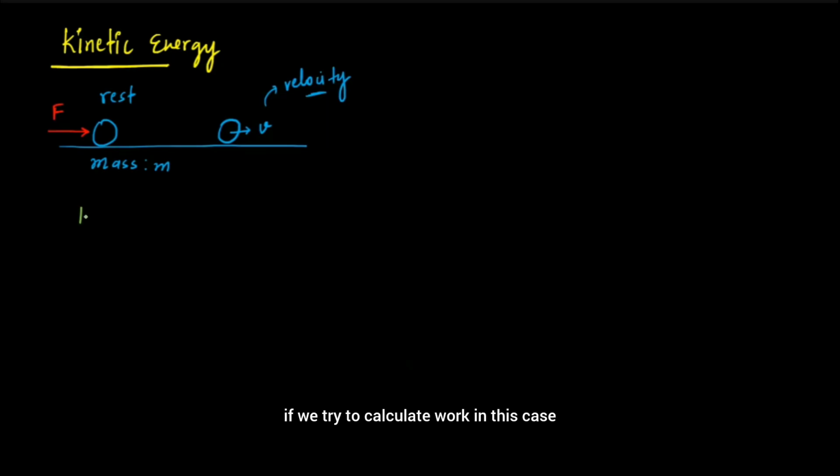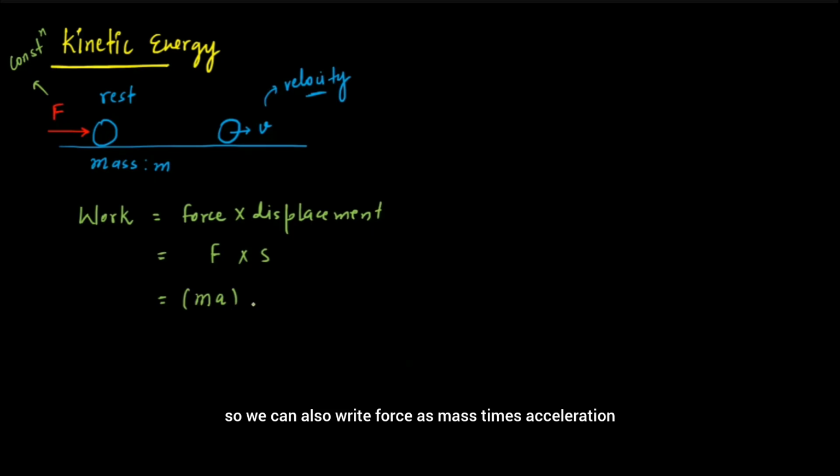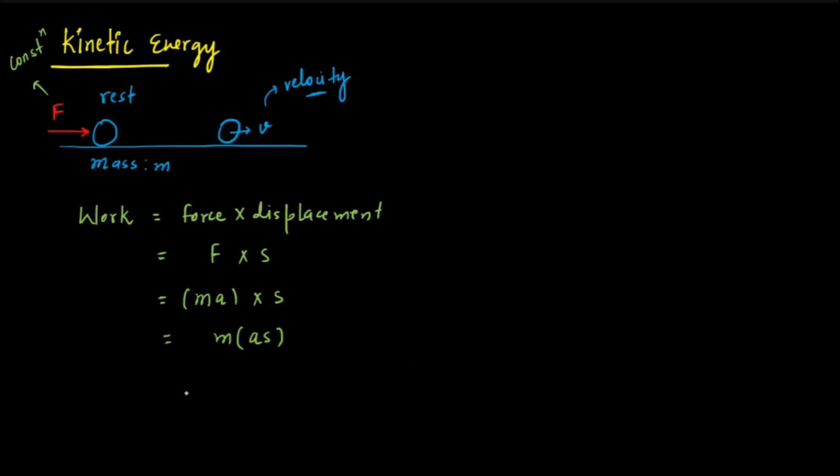Now, if we try to calculate work in this case, we know work is always force times displacement. As the force acting here is a constant force, we can also write force as mass times acceleration. If we substitute the value, work is mass times acceleration times displacement.